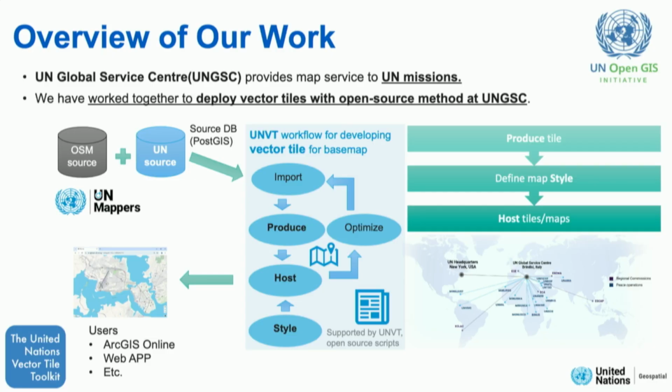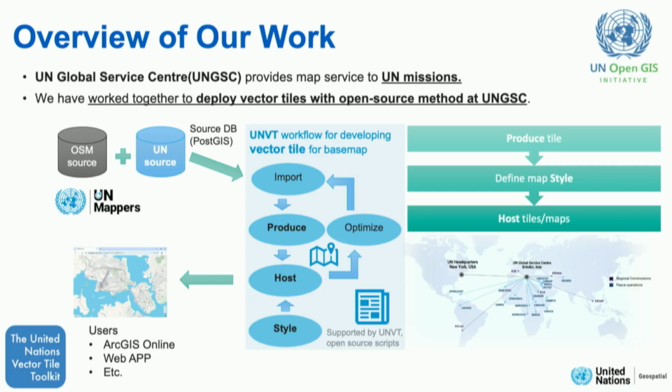This diagram shows the UNVT workflow for developing vector tiles for base map. First, we import data sources from OpenStreetMap and UN dataset. Then produce vector tiles and host them along with the style.